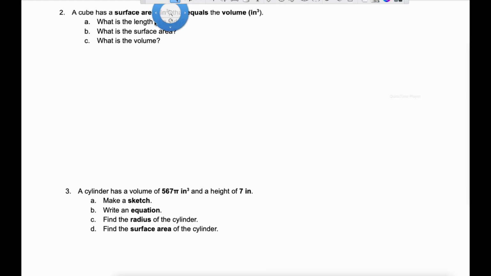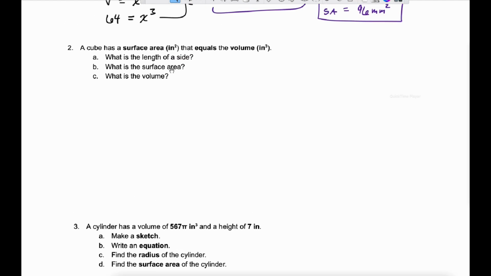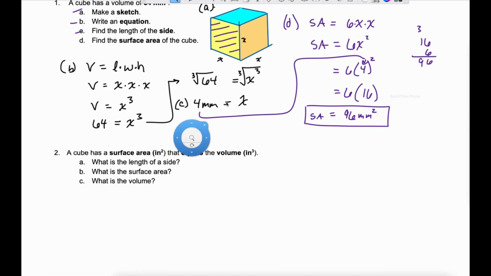A cube has a surface area in square inches that equals the volume in inches cubed. What is the length of a side? What is the surface area? What is the volume? We know the two equations for volume and surface area of a cube.